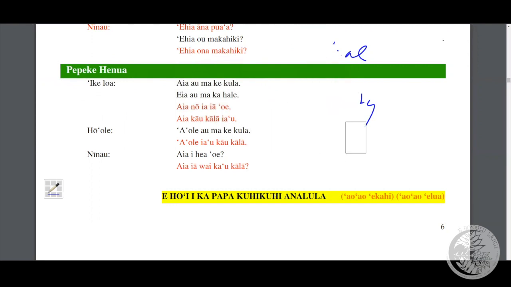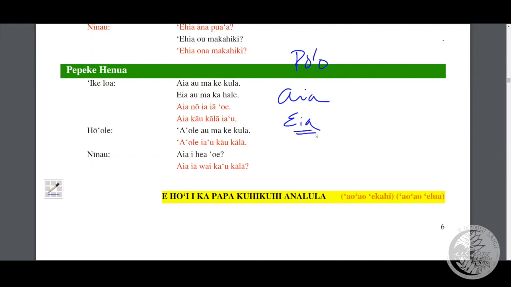So first of all, a Pepeke Henua, what we call the po'o, or the main position, is always marked with either of two words, either the word aya or its cousin, eya. And generally, to make a long story kind of short, we think of aya as really the general marker for anything being located.